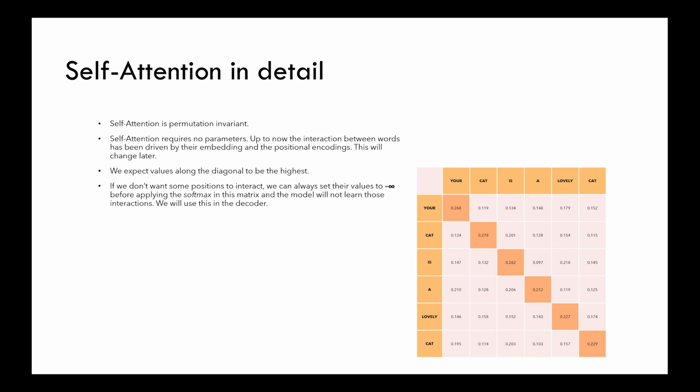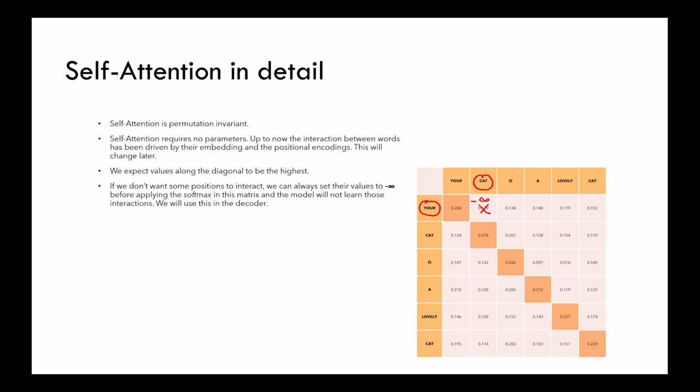And there is another interesting characteristic of this matrix: if we don't want some positions, for example, if we don't want the word your to interact with the word cat, because these numbers are the result of a softmax, we can, before we apply the softmax, delete this value and put minus infinity, and the softmax will output 0 at this position.